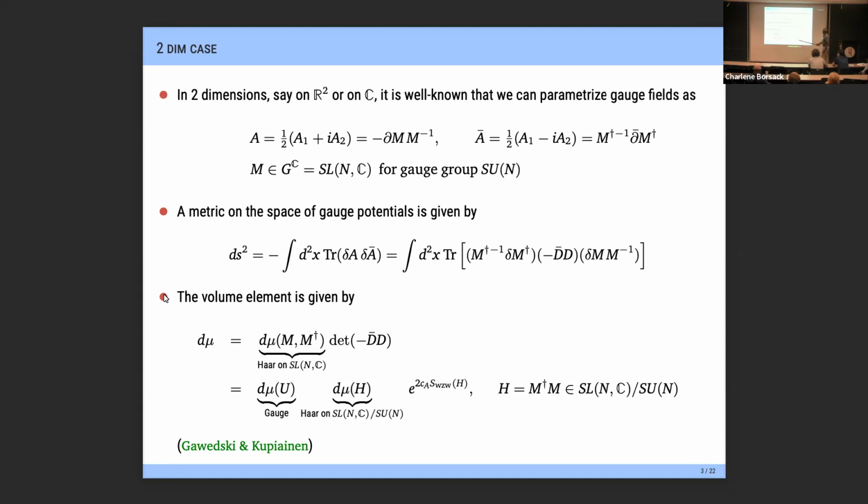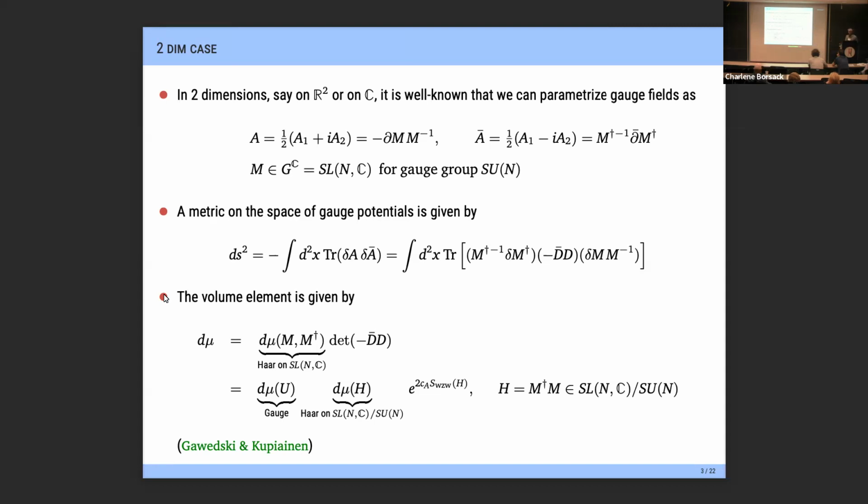And this splits very nicely into the gauge part, the unitary part, and the Hermitian part, which is on this coset SL(N,C) mod SU(N), and the determinant coming from the D-bar D gives you the Wess-Zumino-Witten action. So at the end of the day, it's easy to just drop the term regarding the gauge part of the degrees of freedom you have, and one gets a measure which is on the gauge invariant space.